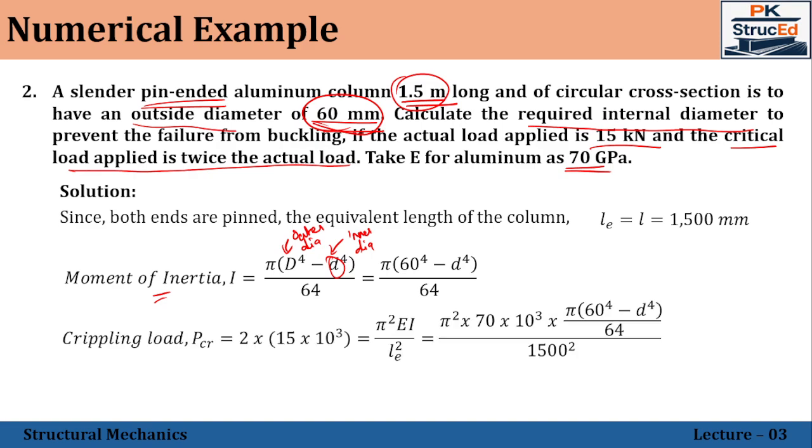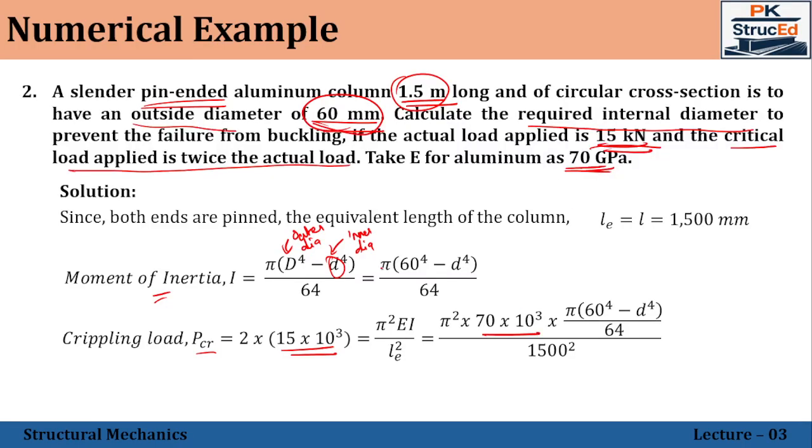Right. Now the crippling load is given as twice the actual load. The actual load is given as 15 kilonewton. So the crippling load, which will be equal to twice the actual load, will be equal to, as per Euler's theory, pi square EI by LE square. So keep that pi square. E is given as 70 gigapascal, which is nothing but 70 into 10 power 3 megapascal. So we can write that one.